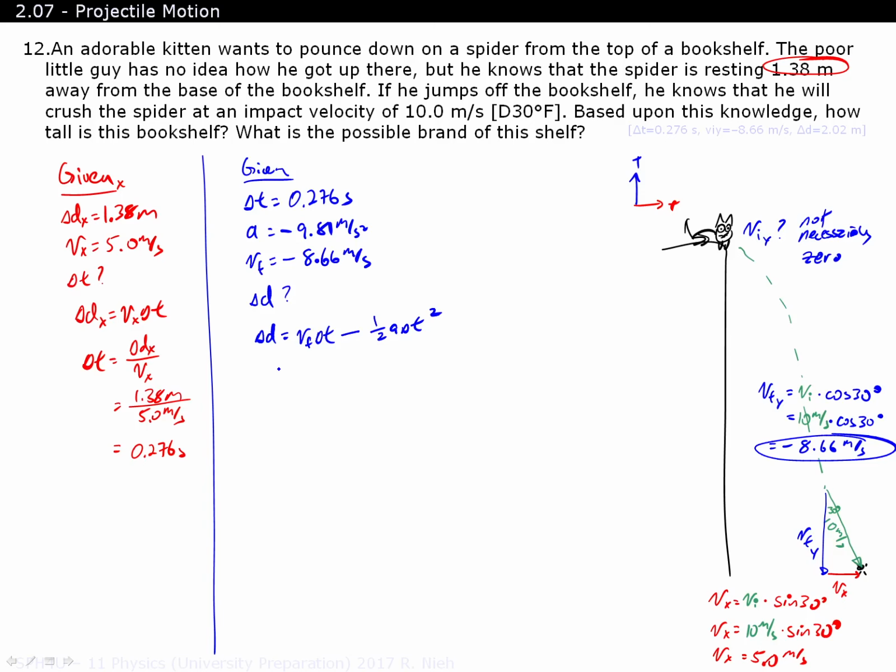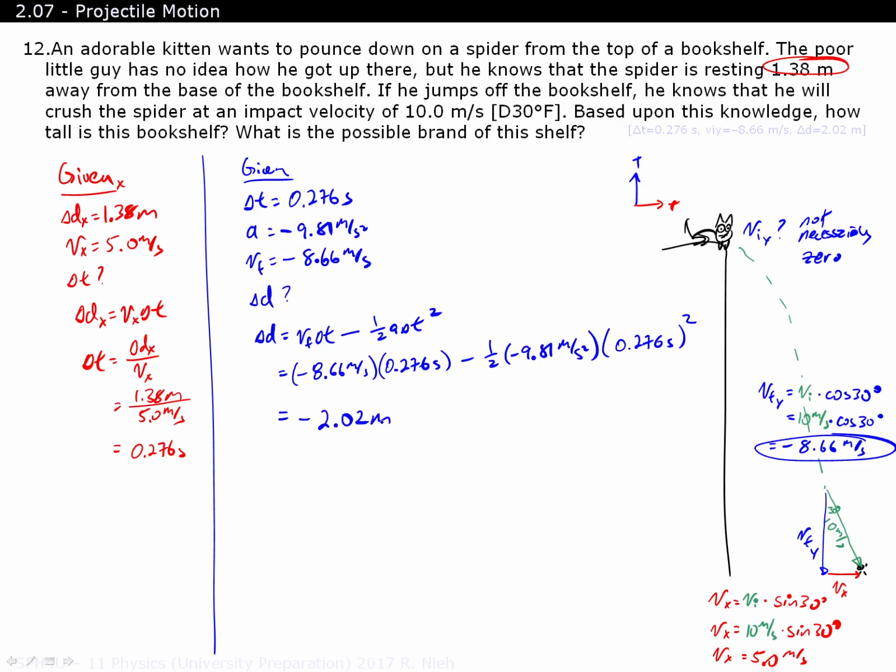This is different than the formulas we've used in the past, as this one deals with the final velocity. So negative 8.66 meters per second times a time of 0.276 seconds minus 1/2 negative 9.81 meters per second squared and a time of 0.276 seconds squared. When we calculate through this, we'll have a fall of negative 2.02 meters.